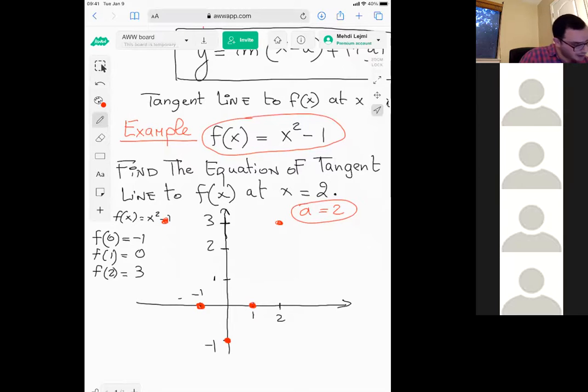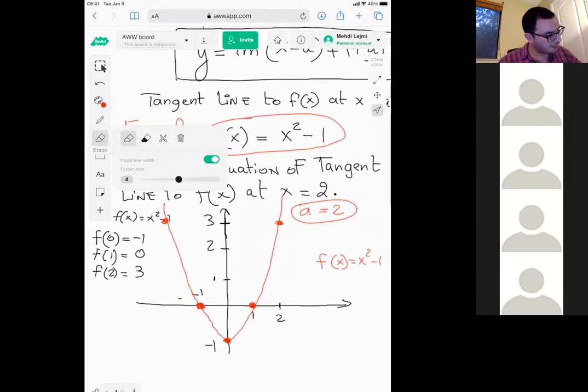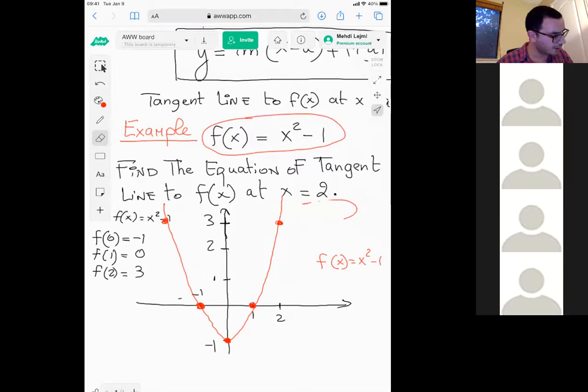Anyway, so here is the graph of x squared minus 1, sorry. So this is your graph. So this is f of x equals x squared minus 1, right? So we want to find the equation of the tangent line of f of x at x equals 2, right? X here is equal to 2.